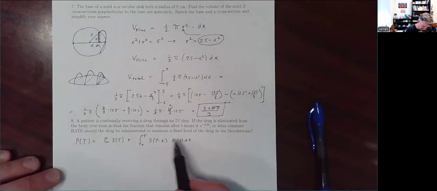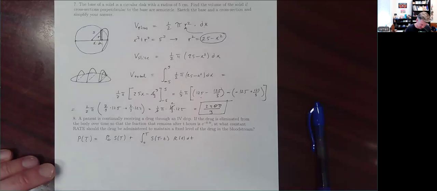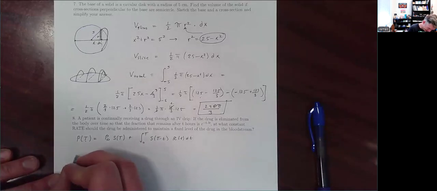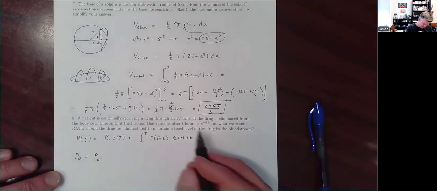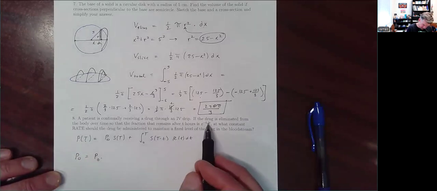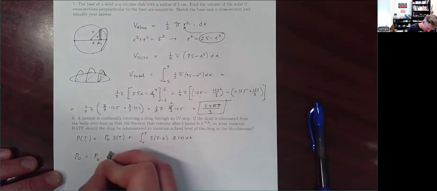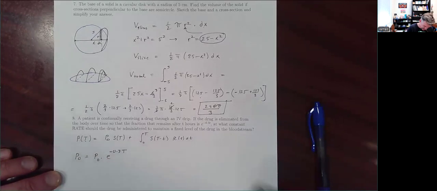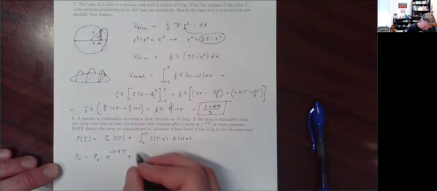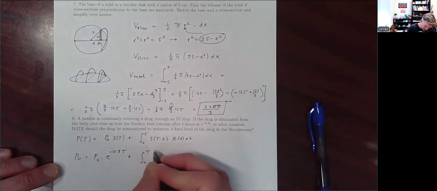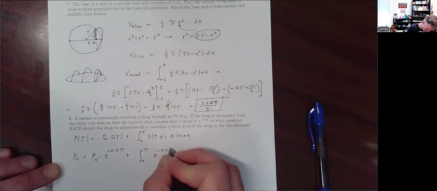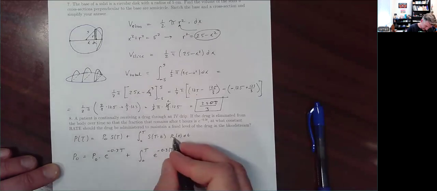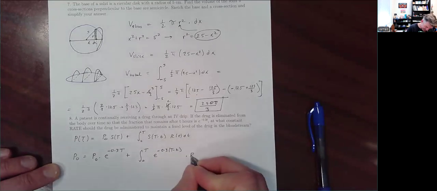We're trying to find R of T. So we're going to say that P naught is equal to P of T. So we're going to have P naught equal to P naught times S of T. S of T is e to the negative 0.3 capital T, plus we're going to write this as the integral from 0 to T of S of T minus T, which is e to the negative 0.3 times capital T minus T. And again, R of T is a constant, so we're just going to write R so we can solve for it.